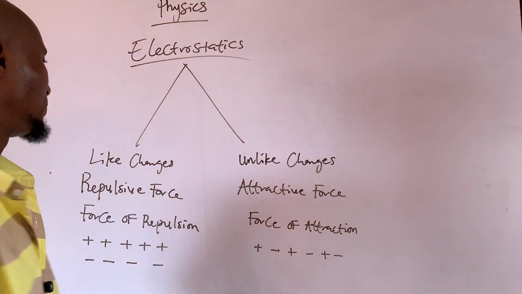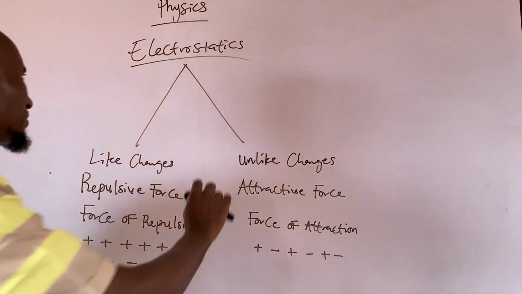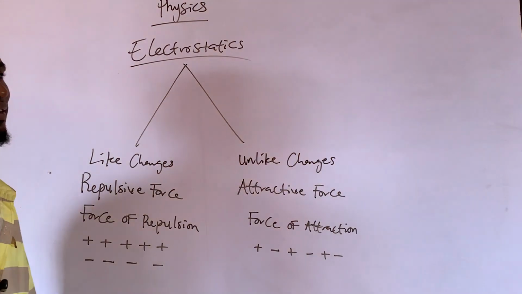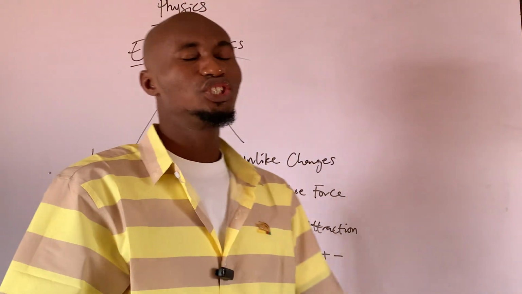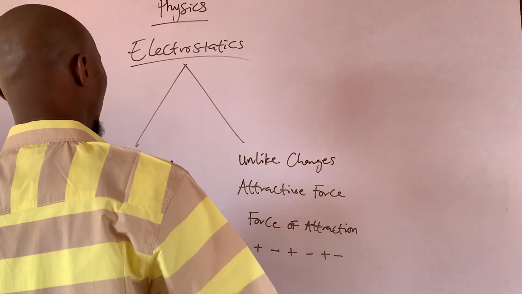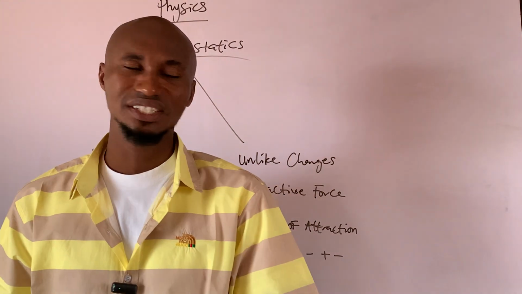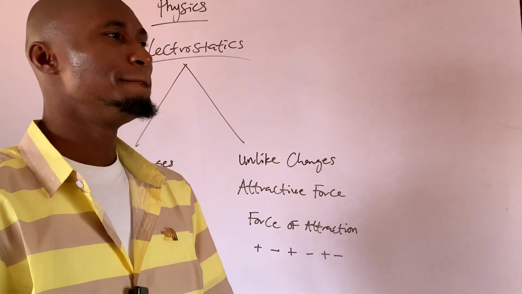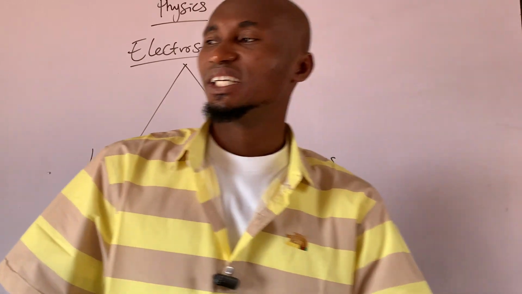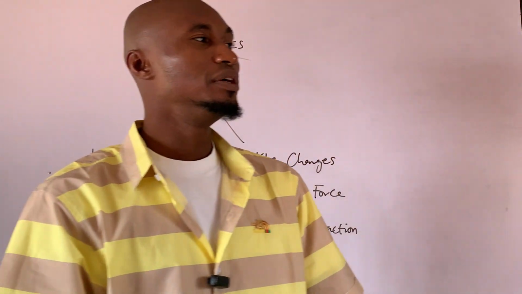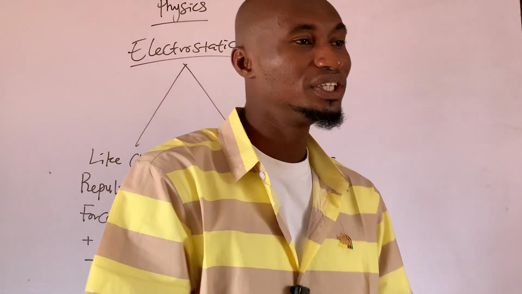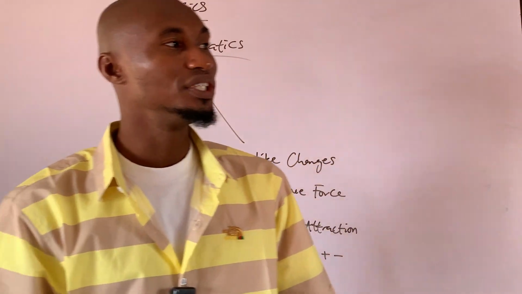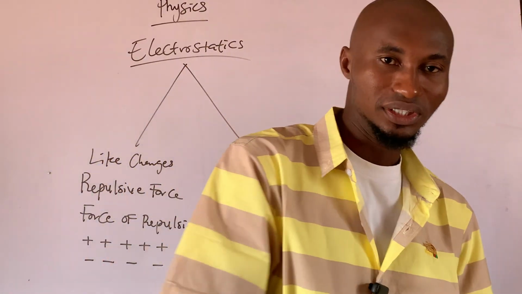Now, let's keep this pertinent to the topic under discussion. Electrostatics. Since we've realized that we have like charges and unlike charges, we also have induction, like charging a body, bringing a charged body to a neutral body.